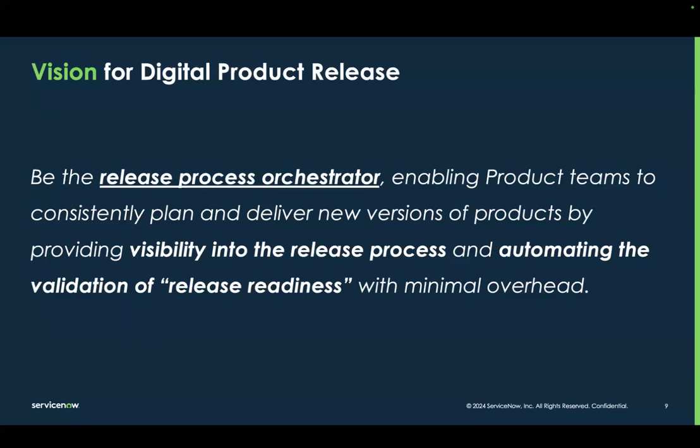This is a replacement. Where Release Management V2 was a collection of tables, most customers had customized it if they were using it because it was more of a framework. DPR is a more intentional solution that tries to be the release process orchestrator.